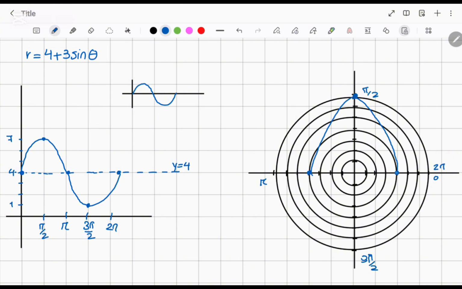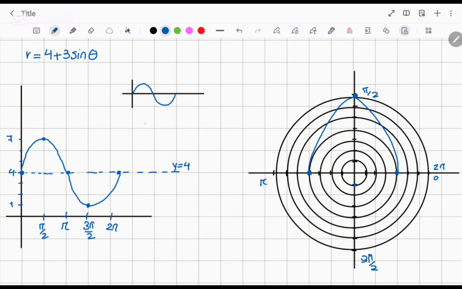And then I wish I could do it more like in a circle way. Let me do it again. Like this and like this. And on 3 pi over 2, the graph is at 1.